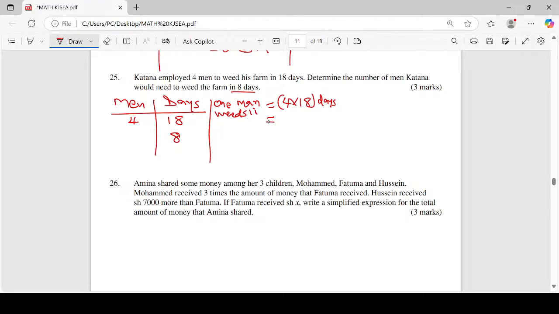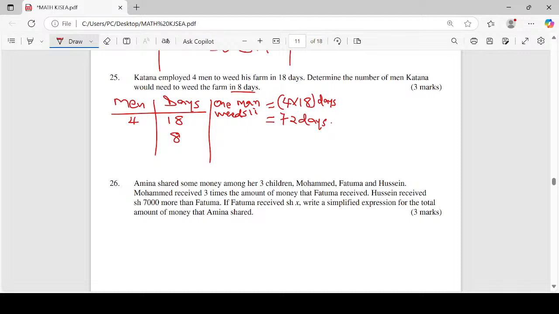So I want to get how long one man can take. When I take 4 times 18, one man will take 72 days. One man working alone takes 72 days.